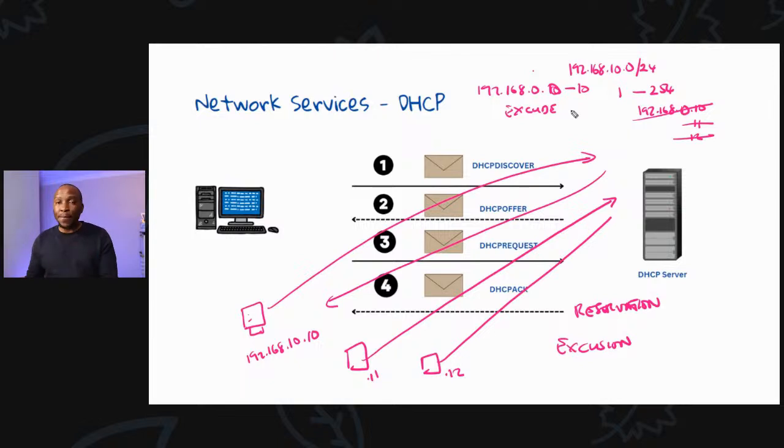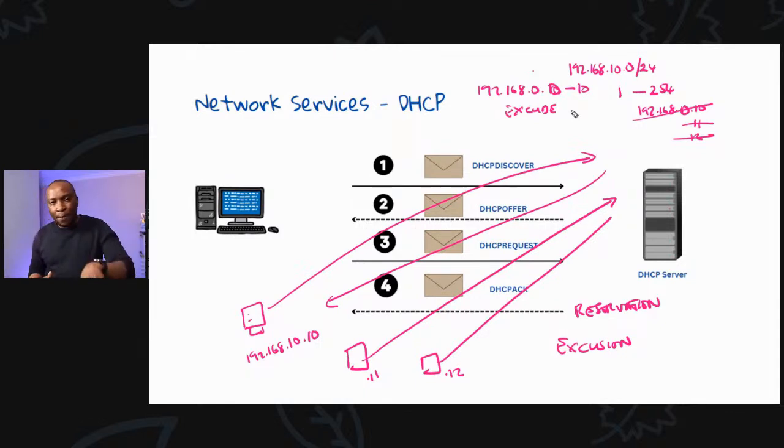So when the DHCP server issues out IP addresses, it's going to ignore anything from 0 up to 10 because you have chosen to exclude that. And it's going to issue IP addresses starting from 11 going upwards.